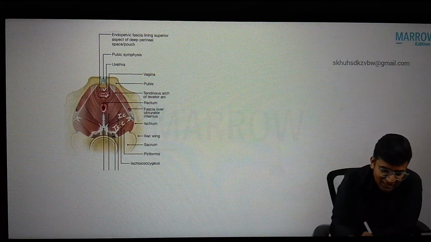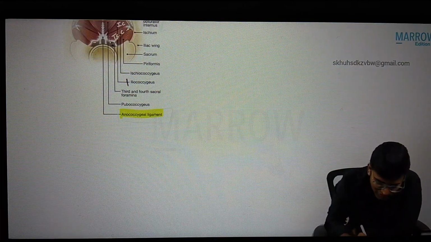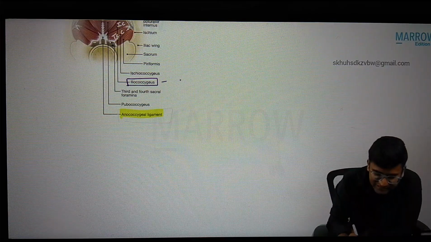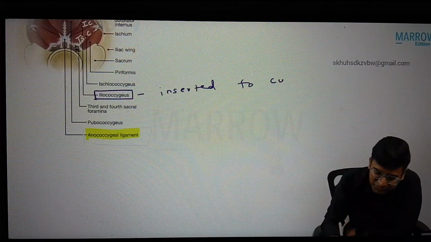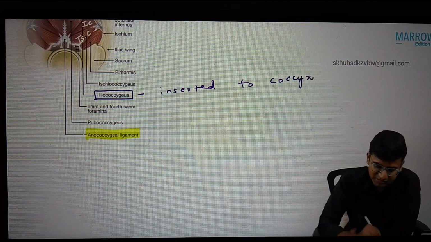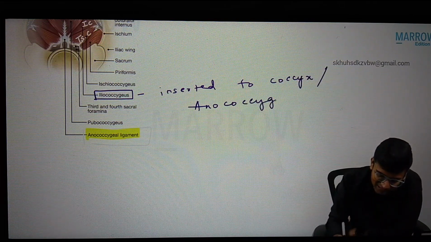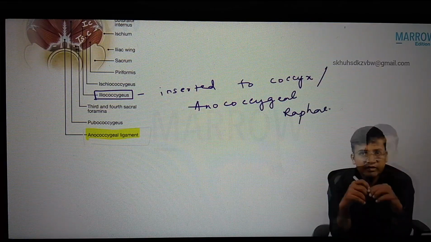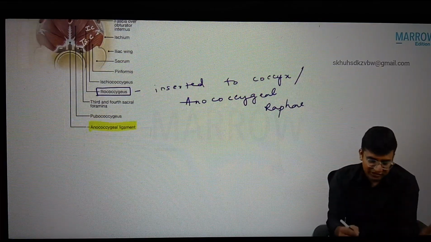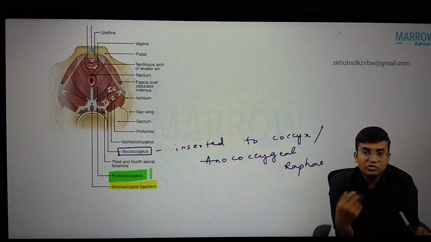So please write: the iliococcygeus muscle is inserted to the coccyx bone and also to the anococcygeal raphe.